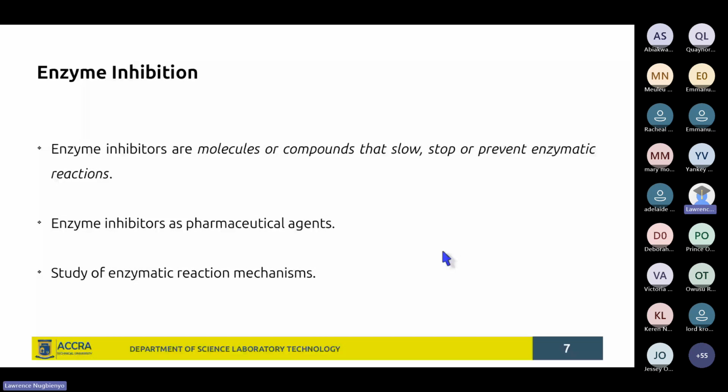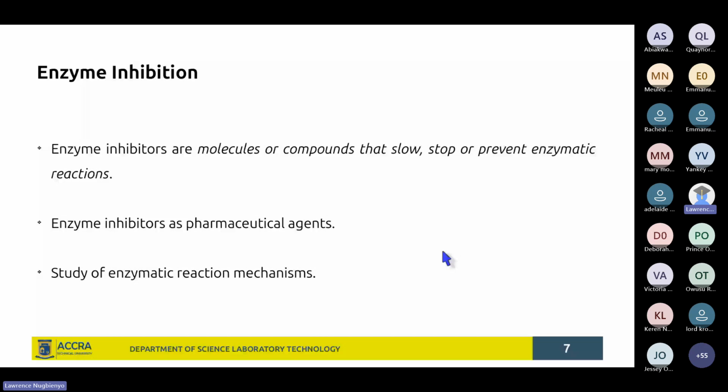Now we can look at enzyme inhibition. Inhibition and inhibitor were terms that we came across when we were looking at terminologies in enzymology.